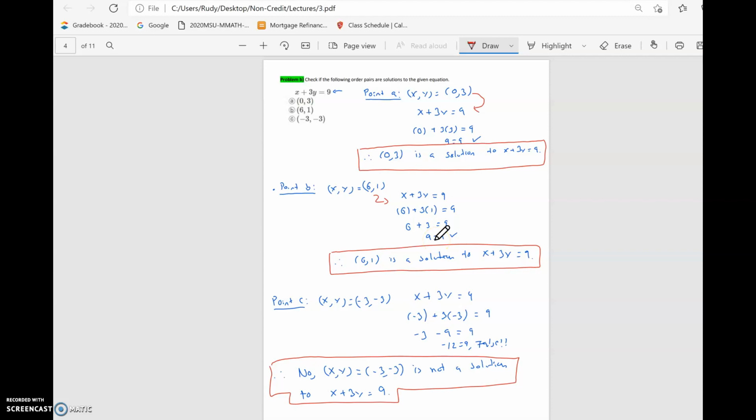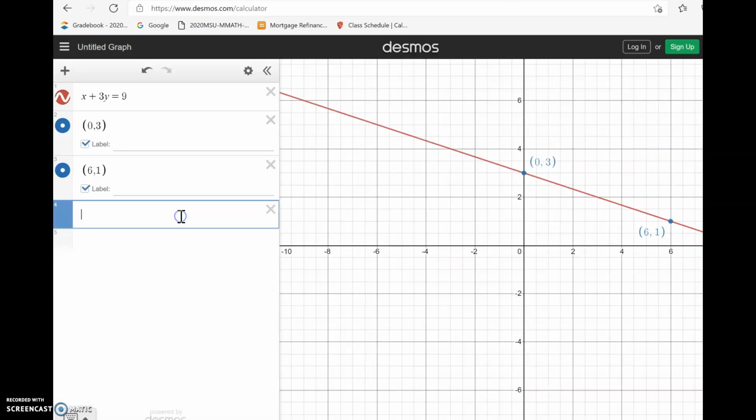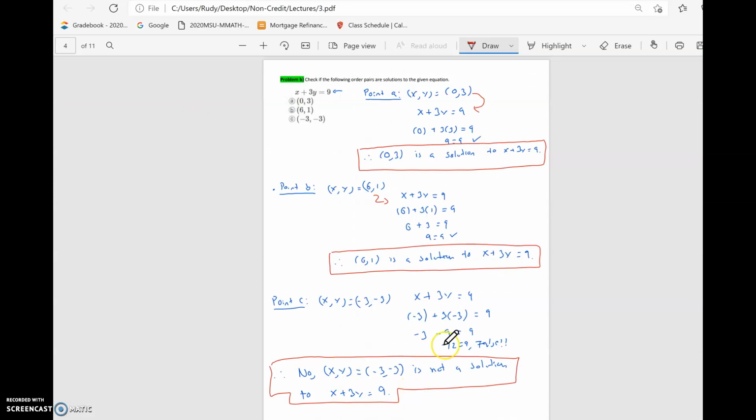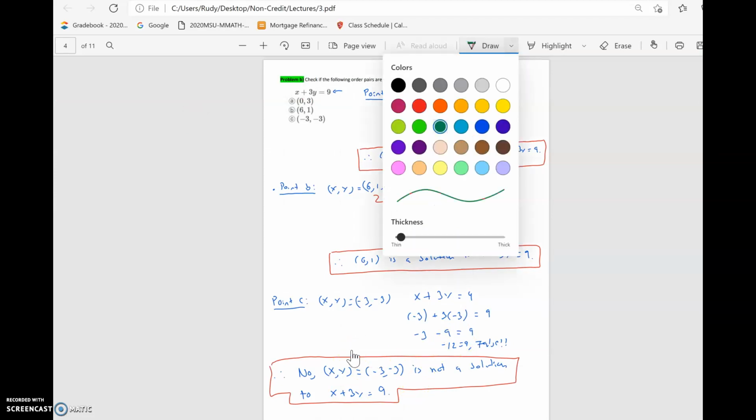The one that gave us a problem was (-3, -3). Now let's take a look where this one happens to be. So (-3, -3). It's down here. So when we checked if this coordinate point (-3, -3) was part of the line, obviously we were not looking at the line. We did it algebraically. We found out a false statement. So that's what we found out here.